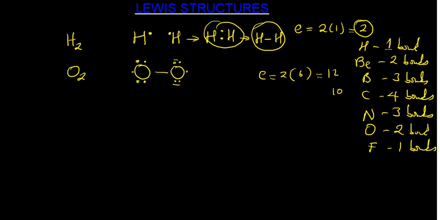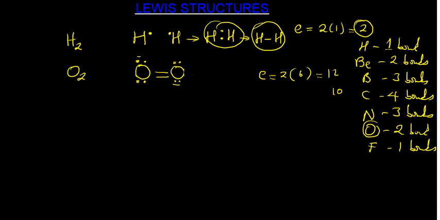Because neither is stable, and we know that oxygen is able to form a double bond, we can bring this one electron here and this one electron here to form another bond. Now these 2 electrons which were here will no longer be there. Let's see how many electrons each oxygen has.